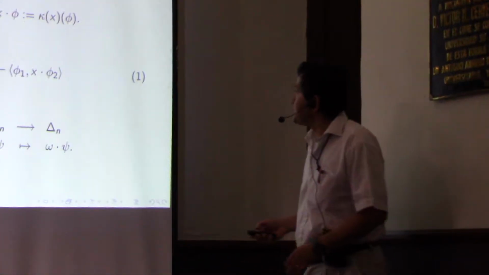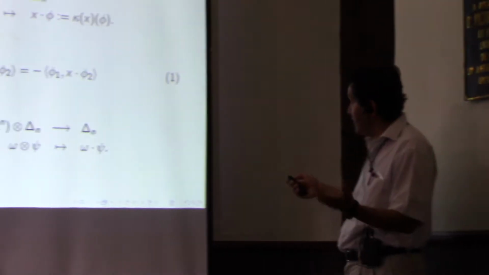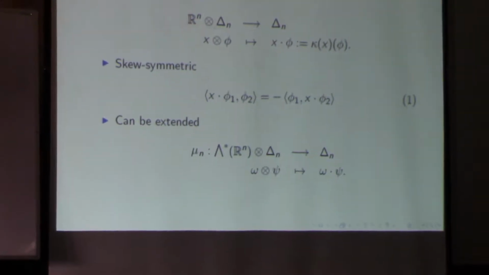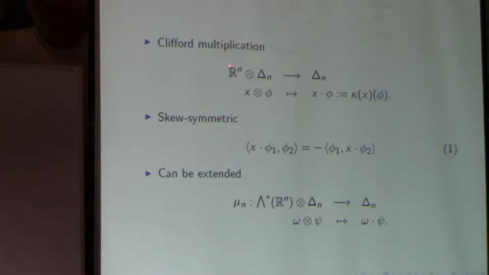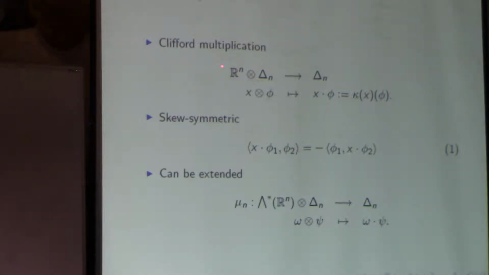So, there is what is called Clifford multiplication, and basically Clifford multiplication is nothing but taking vectors and, by means of the isomorphism, you have this R^n inside of the Clifford algebra. The Clifford algebra is isomorphic to the endomorphisms of this guy. So send it to act, this vector as a matrix, on that spinor.